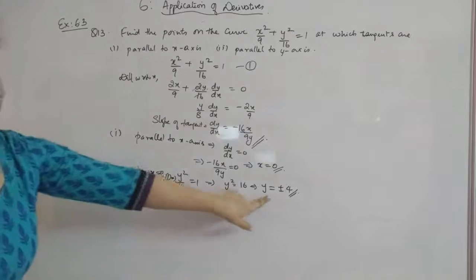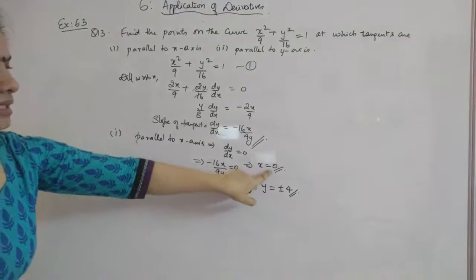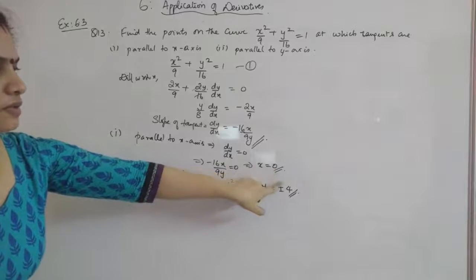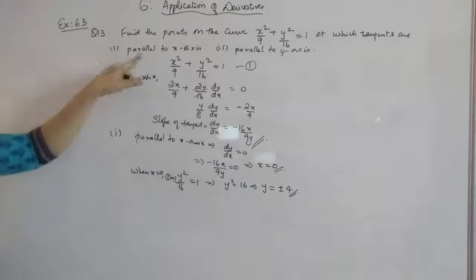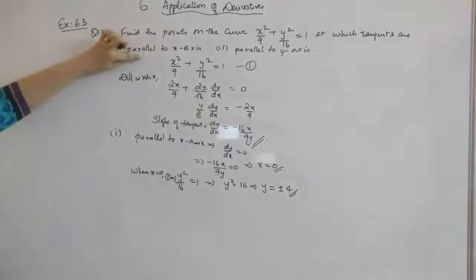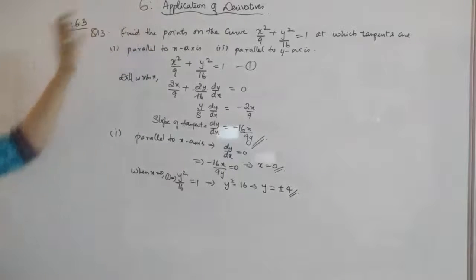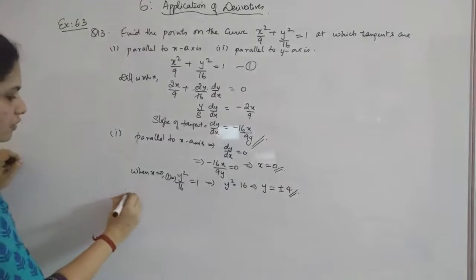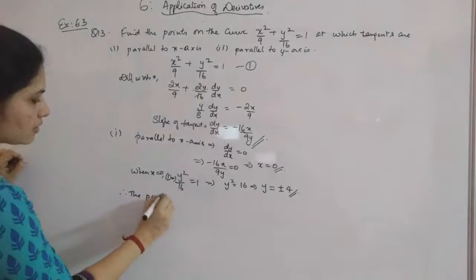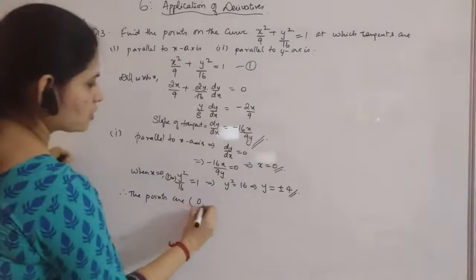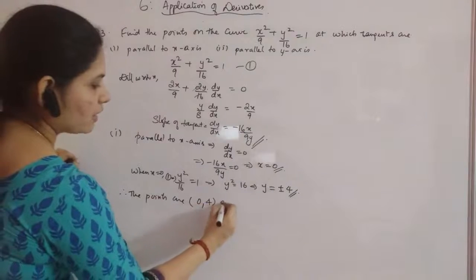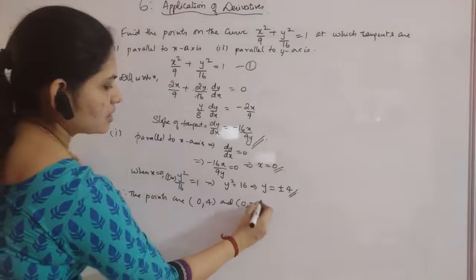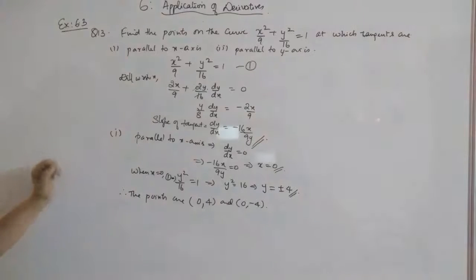Now when you get this, the point will be either 0 comma 4 and 0 comma minus 4, two values or 2 points at which you have the tangent to be parallel to the x axis to the curve. Okay, so therefore the points are 0 comma 4 and 0 comma minus 4. Understood?